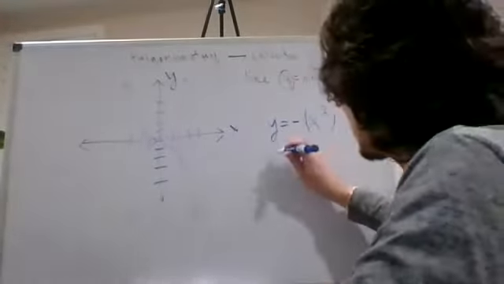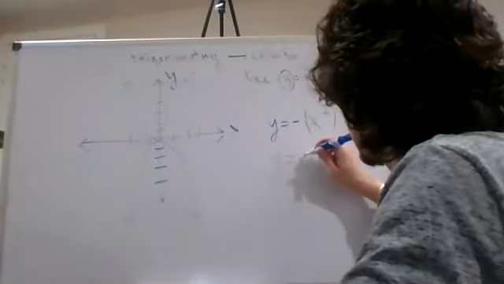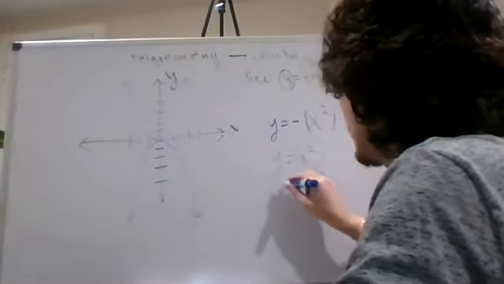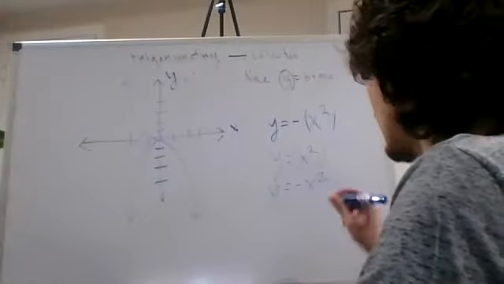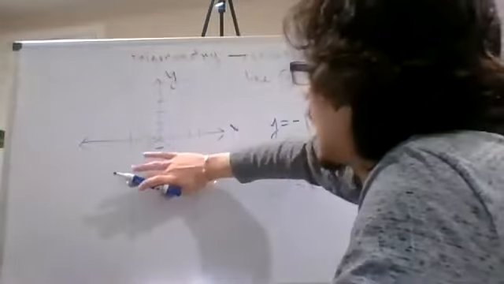Because our original equation, y equals x squared, was our function, we made that function negative when we set it like this. And when we take the function and apply negative to it, this means that we flip the entire function over the x-axis.